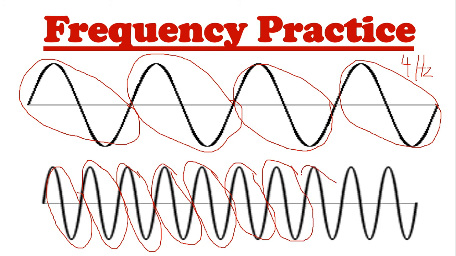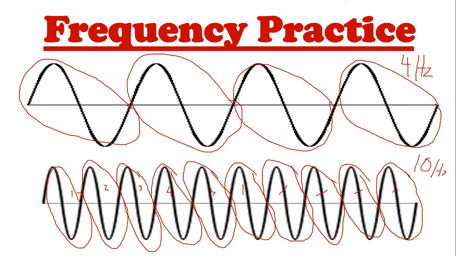So you write 0.5, but if you have a pair, it's 1. So we keep doing this. All right, I got all my pairs. Let's look. 1, 2, 3, 4, 5, 6, 7, 8, 9, 10 pairs. So the frequency of this wave is 10 hertz.